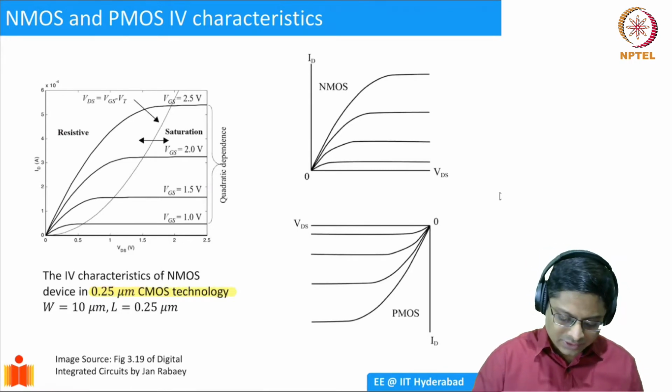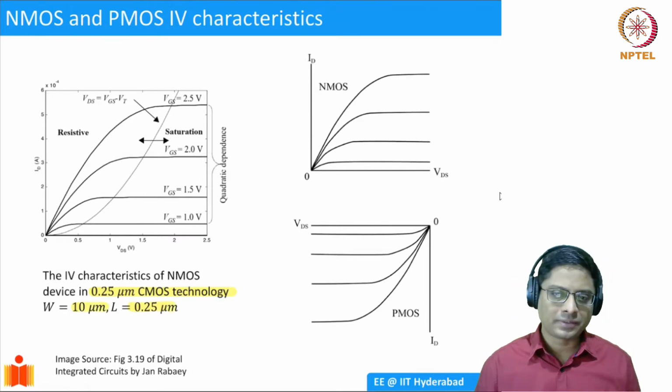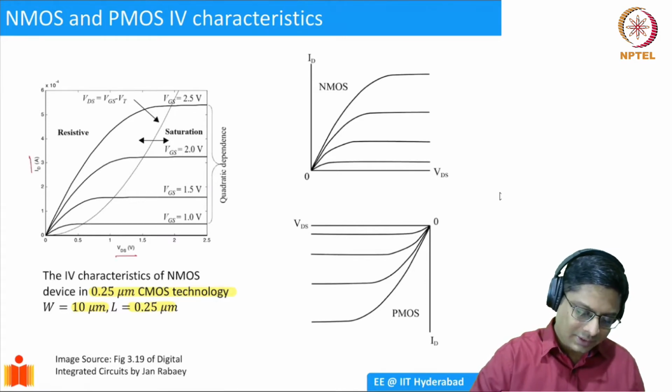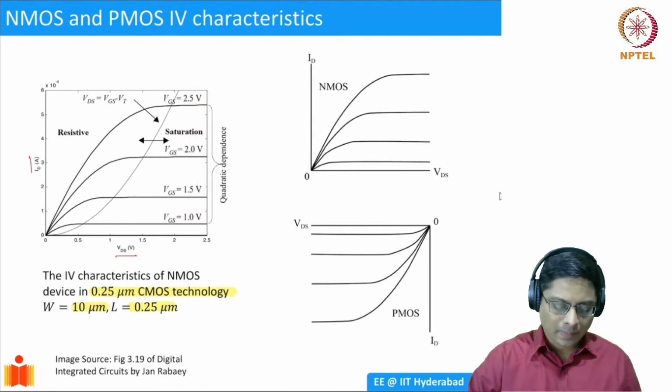The device width was 10 microns, the length was 0.25 microns. If you have such a device, you see that this is VDS versus ID. As the gate voltage is increasing, the drain current is increasing quadratically.